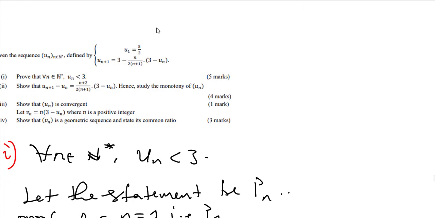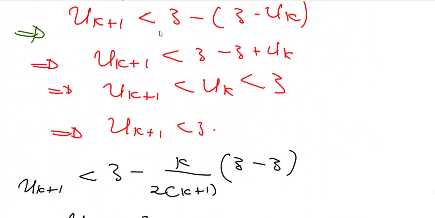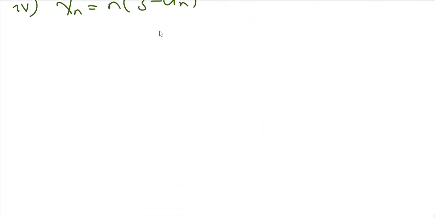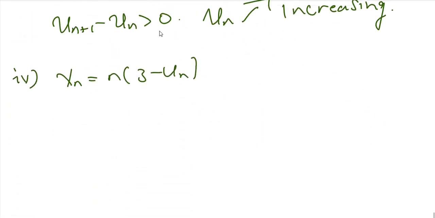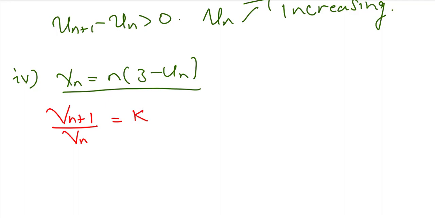N into 3 minus un. Okay, now we have to show that Vn is a geometric sequence and state the common ratio. So in order for us to show that this is a geometric sequence, it suffices for us to show that Vn plus 1 divided by Vn is equal to some k. K can be a real number. So for it to be a GP, we are going to exclude the case of 0.